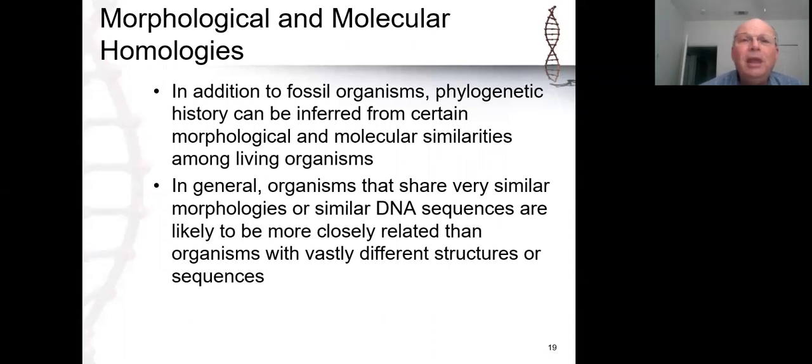We see the same thing at the molecular level too, in terms of amino acid sequences, but more specifically, DNA sequences, and being able to sort through homologous DNA sequences versus analogous DNA sequences is one of the new modern issues with taxonomy and phylogenetics when we start doing DNA comparisons.